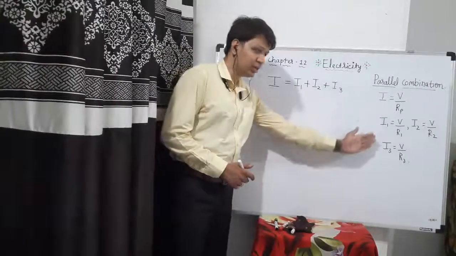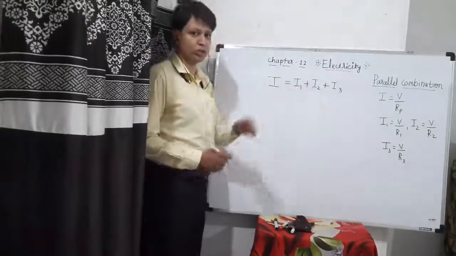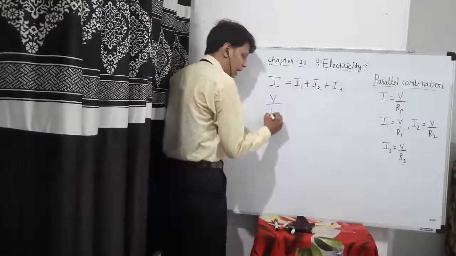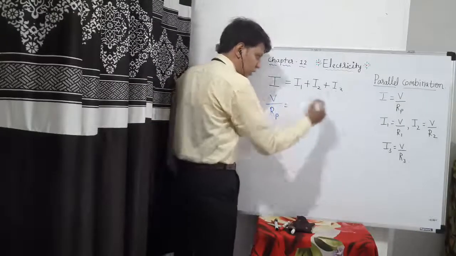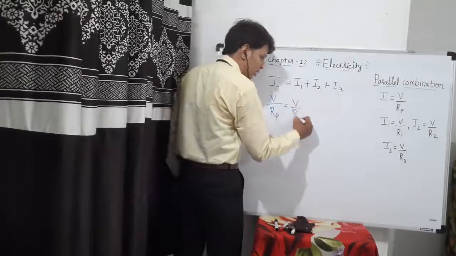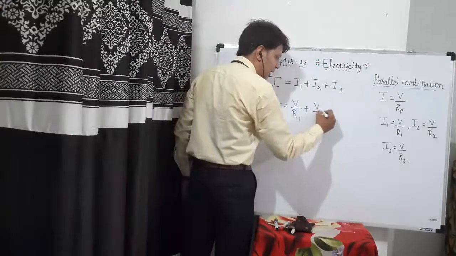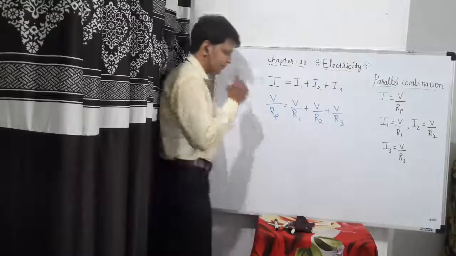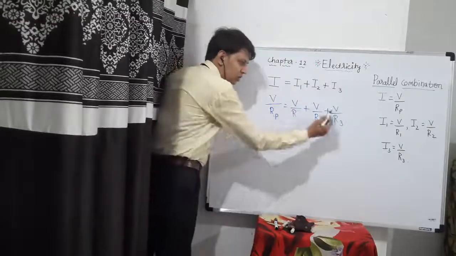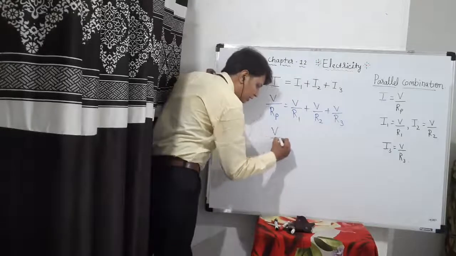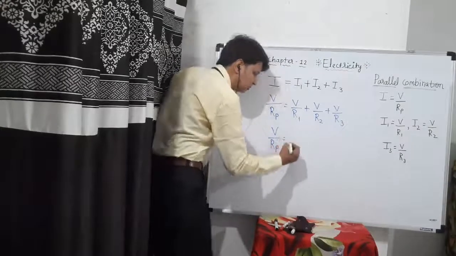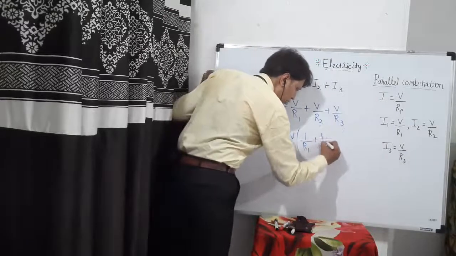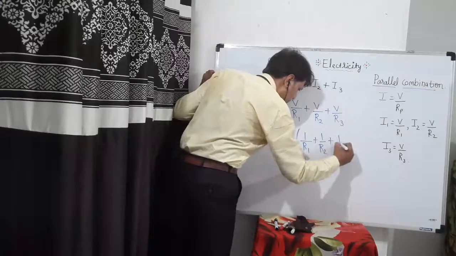So by substituting the above values in this equation where current is getting distributed, I is equal to V upon Rp, which is equal to I1 plus I2 plus I3, that is V by R1 plus V by R2 plus V by R3. Now from all these terms, V will come out common, and inside the bracket it will be 1 upon R1 plus 1 upon R2 plus 1 upon R3.